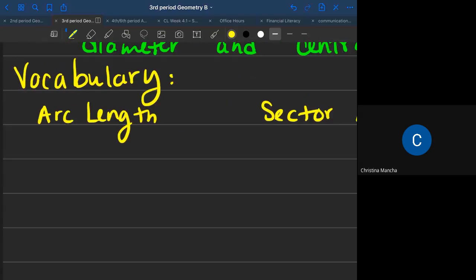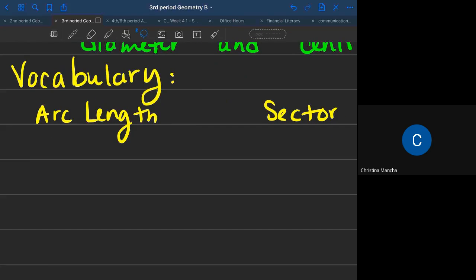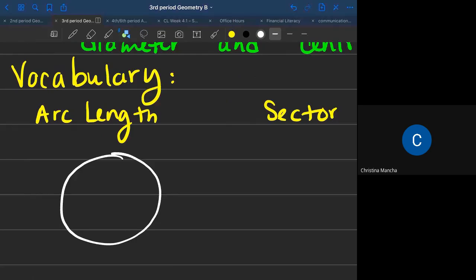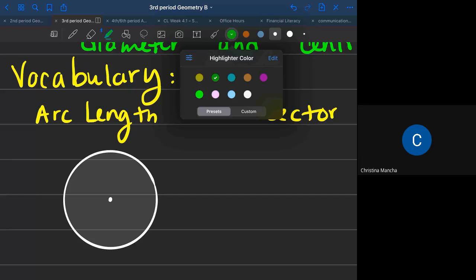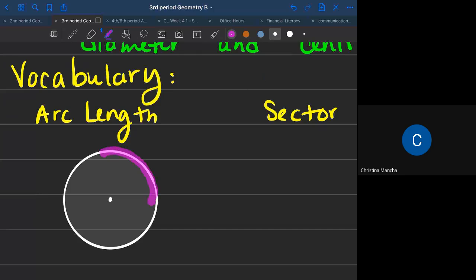Okay, so these are our three words that we're focusing on. So our arc length, think about if you have a circle, and obviously we talked about how we have a center. So the arc length is, imagine I'm taking a motion and sweeping around.